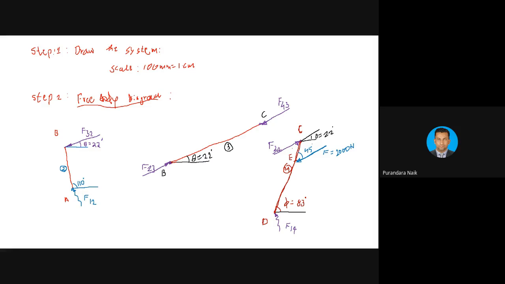You just extend one of these two forces in either direction. This will intersect the other force, correct? Where it intersects, that point is called the point of concurrency. Then that point will be connected to point D, so that will be the direction of F14. Correct?